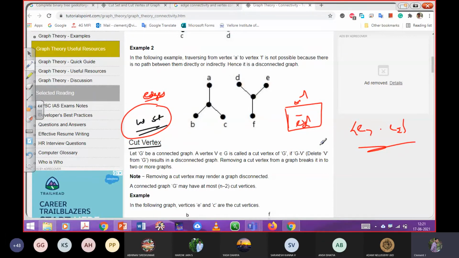If I remove two edges from this graph, I will have a graph with two components, G1 and G2. So by removing those two edges, the original graph G becomes two components G1 and G2.